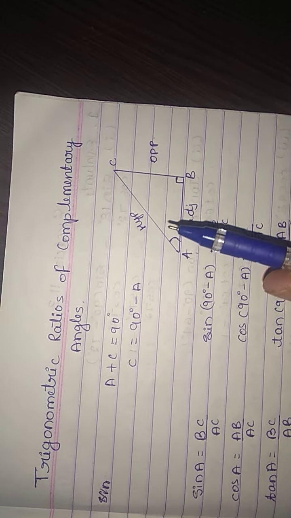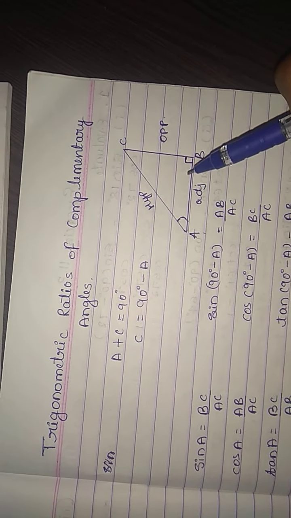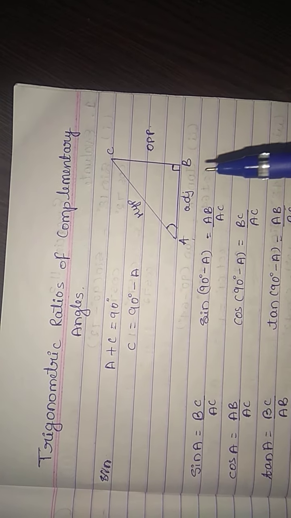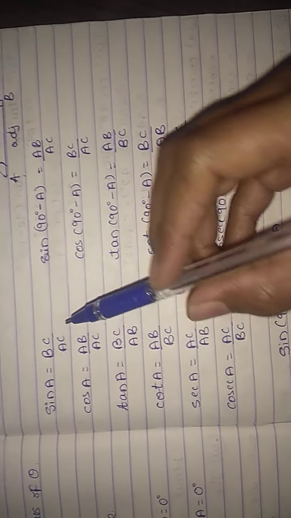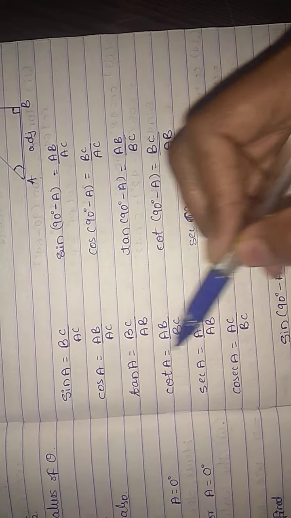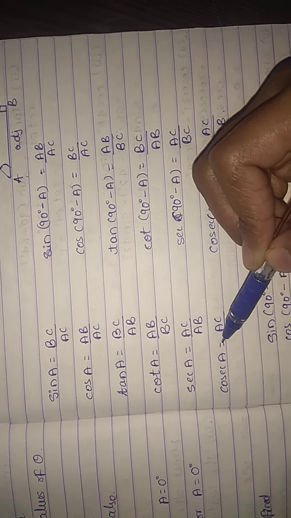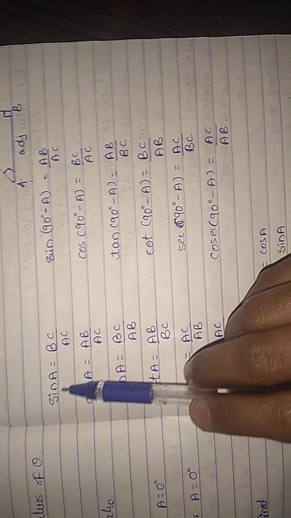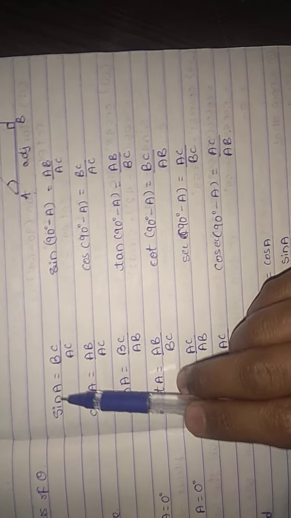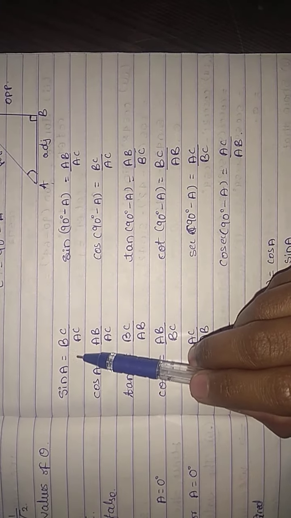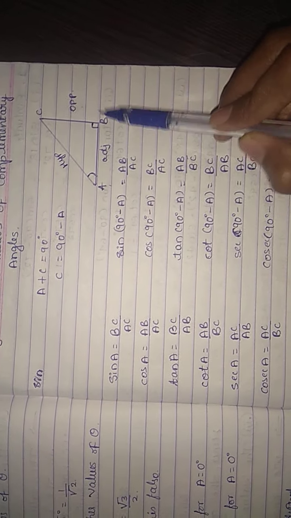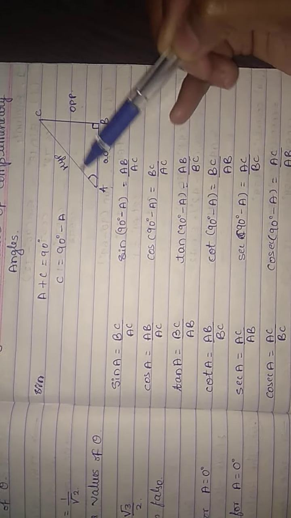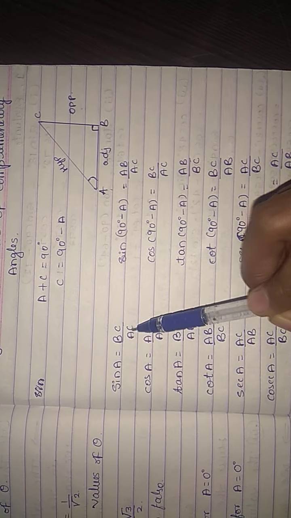Now write down all the trigonometric ratios for angle A. These are the trigonometric ratios of angle A. Sin A is opposite by hypotenuse. Opposite is BC, hypotenuse is AC, so BC by AC.